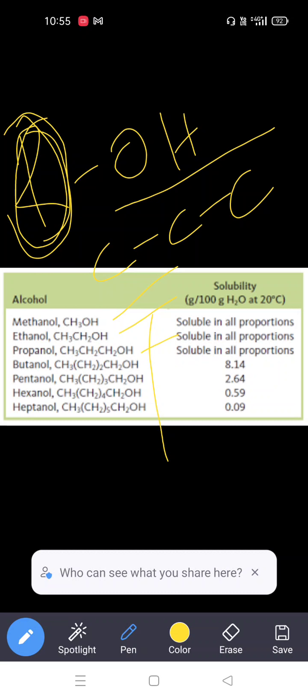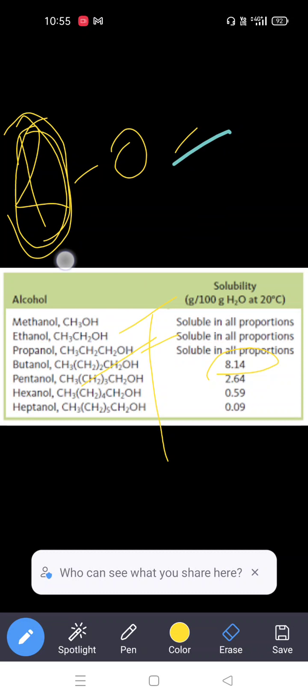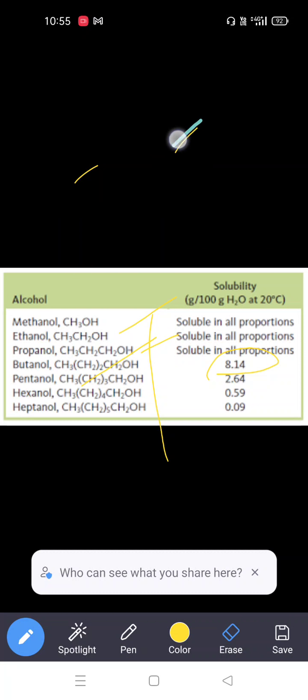In 100 grams of water, only 8.14 grams of butanol is soluble. Then pentanol. How many carbons are present in pentanol? 5 carbons. As the carbon chain increases, pentanol is less soluble in water: 2.64 grams in 100 grams of water only.